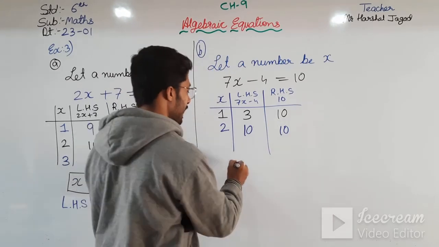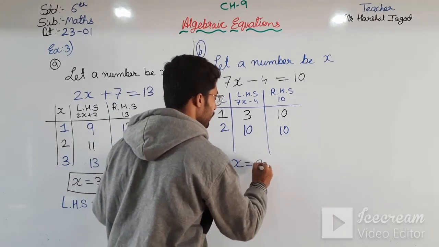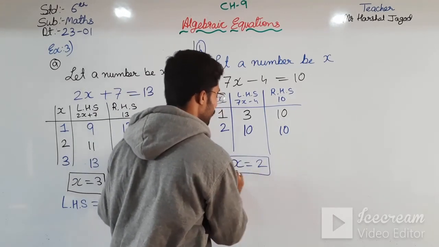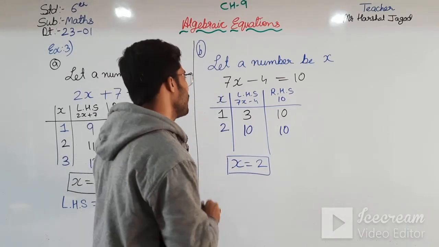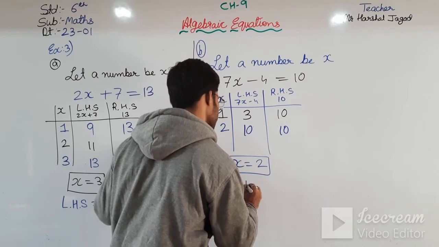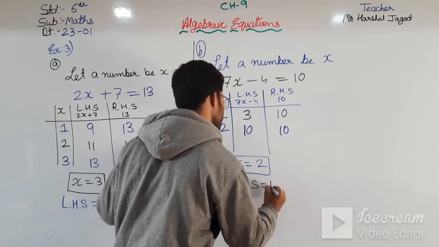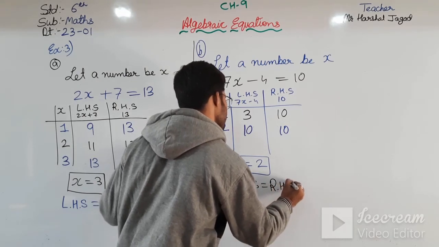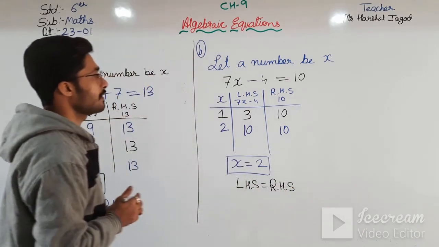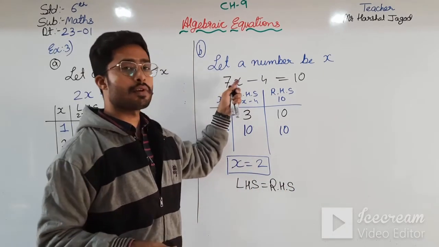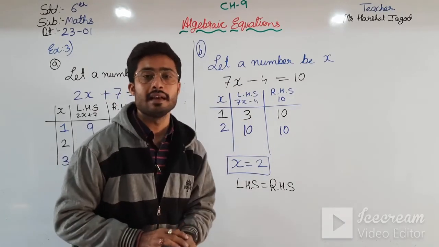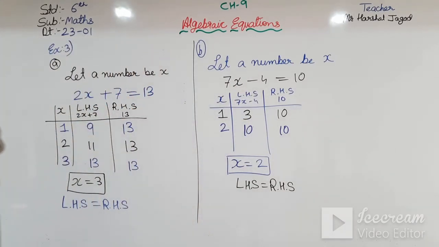So we get x equal to 2. When x is equal to 2, we get LHS equal to RHS. Please note this down, students.